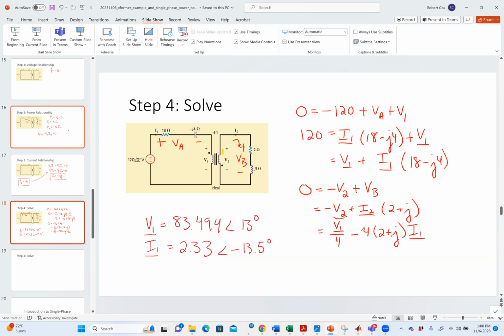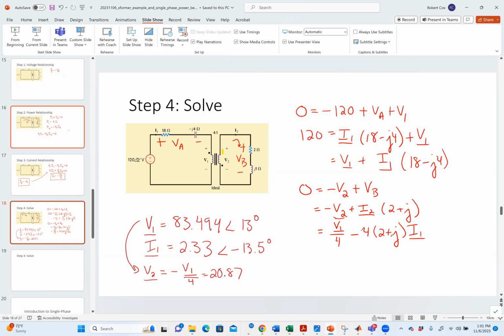If I then want to figure out V2 and I2, I basically just go through my process. So V2 was supposedly equal to negative V1 over 4. I plug this into this equation, and I end up with 20.87 for my magnitude. Without doing any work, what's the angle going to be? 13, the same angle, right?